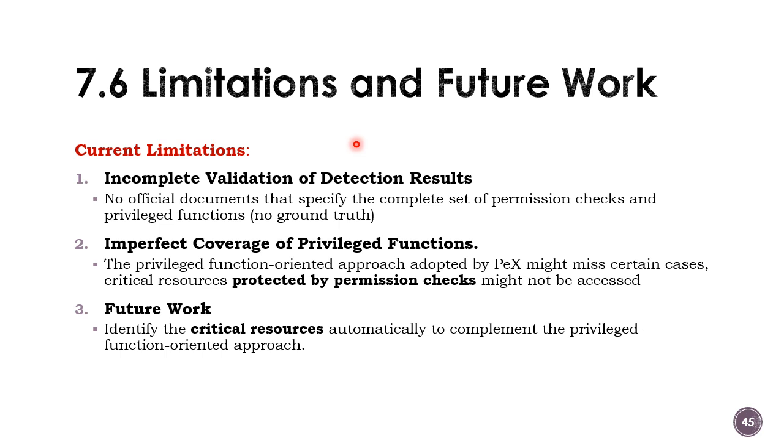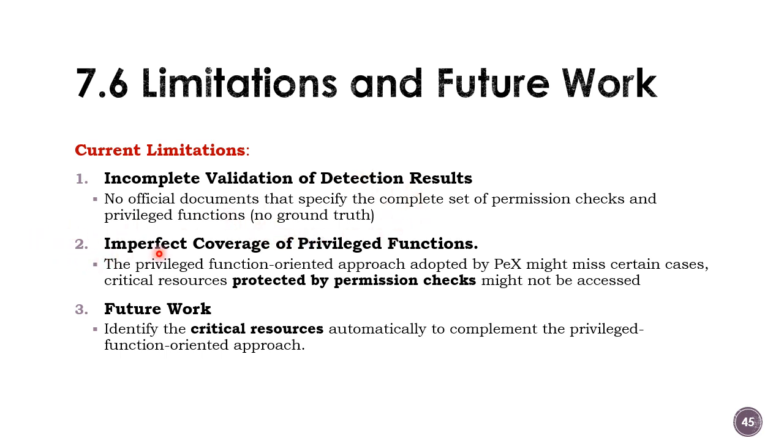Next, in this slide, I will go over some of the limitations and future work stated in the paper. The first current limitation is incomplete validation of detection results. The paper mentions there are no official documents that specify the scope of permission checks and privilege functions, so no one tells you where to put permission checks on privilege functions, and there is no ground truth to examine their detection results.